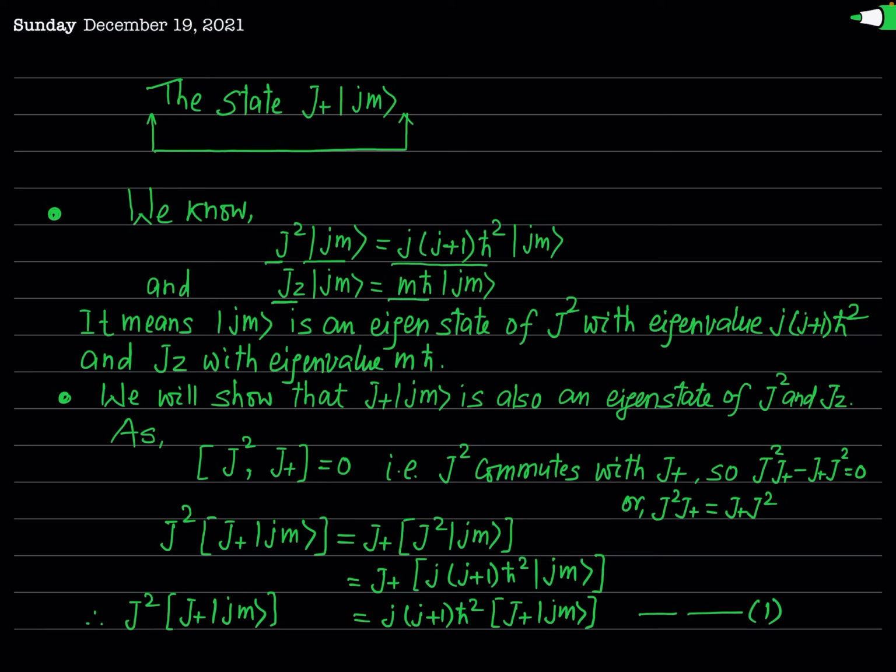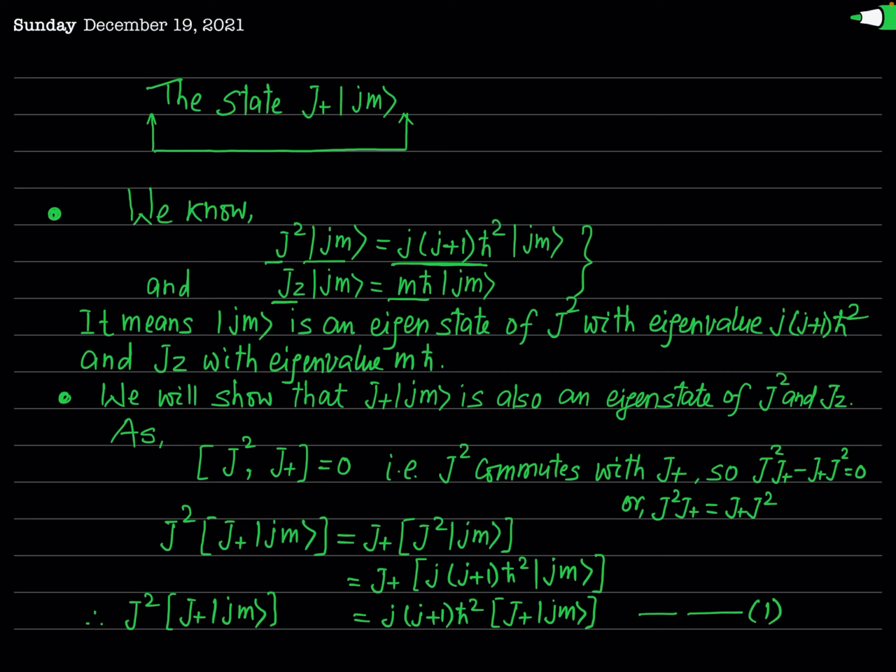So I have mentioned here the result which we have discussed in the previous lecture in detail, and you can see these two equations are the eigenvalue equations of the operators J squared and Jz. Here |j,m> is the eigenstate of both of these operators, but their eigenvalues are different. The eigenvalue of J squared is j into (j plus 1) into h bar squared, and that of Jz is m h bar.